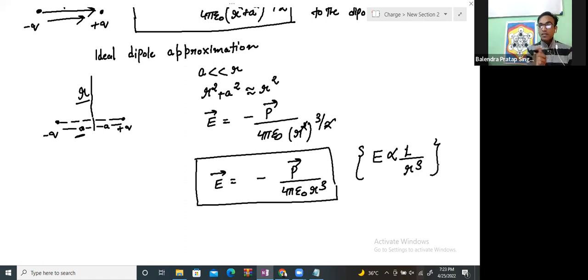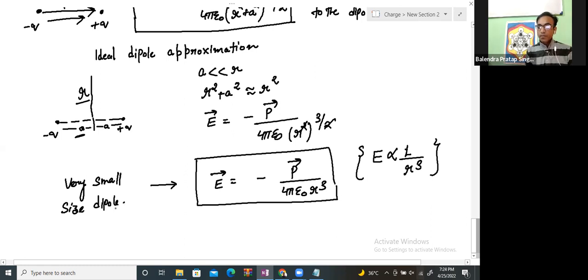Always remember the proportionality of electric field due to a point charge or mono charge is 1 over r square, but the proportionality due to a dipole is 1 over r cube. So this is the electric field due to a very small size dipole.